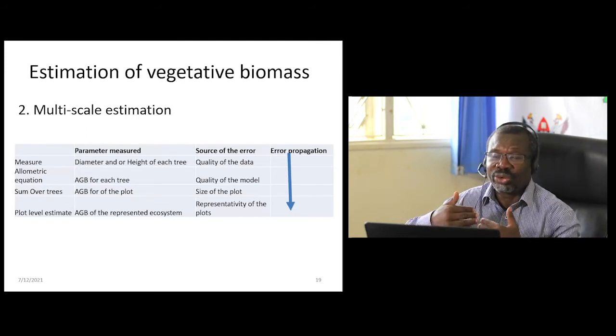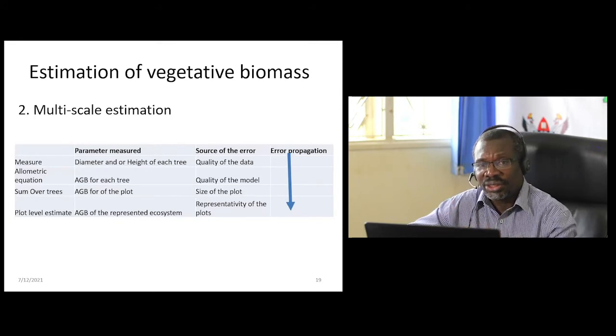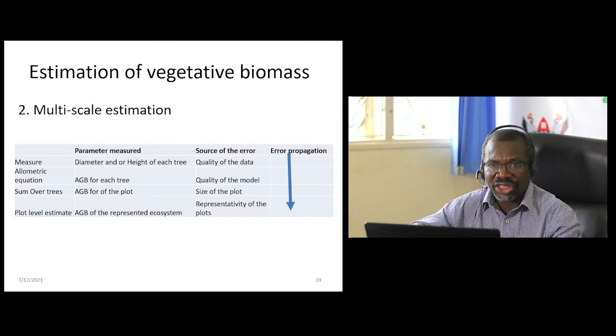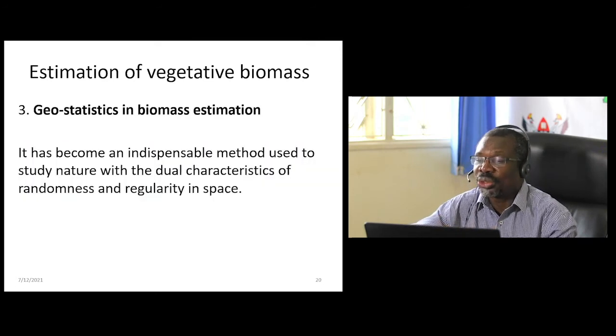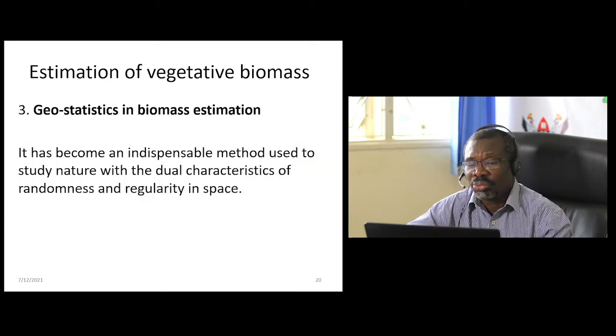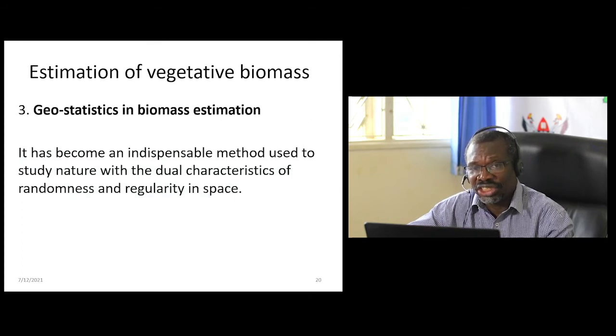So you find that the error propagates across scale, and that's why accurate measurement should be done at the source. But we can also use geostatistics, which has turned out to be an important tool, especially for regionalized variables, meaning variables which change with position.